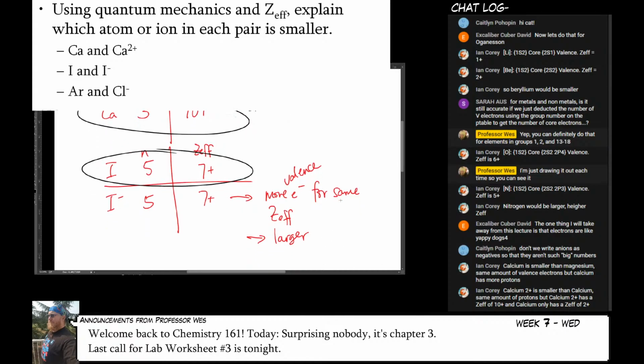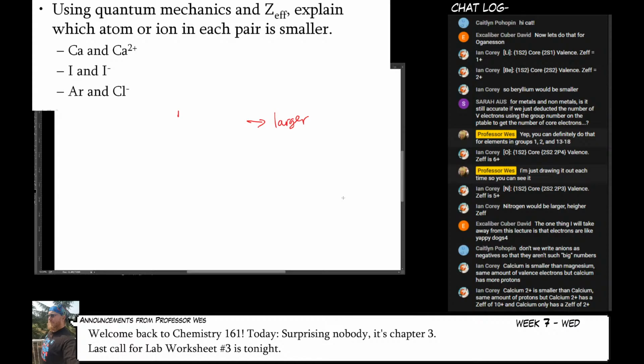And then finally, for argon and chlorine, or chloride, actually. Oops, sorry, I had them backwards in my head here. All right, which one is smaller?